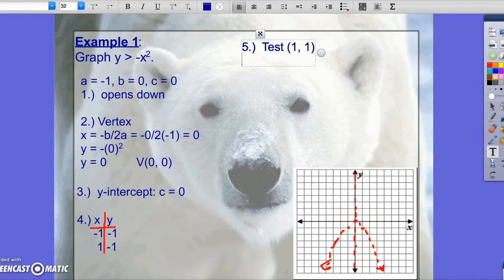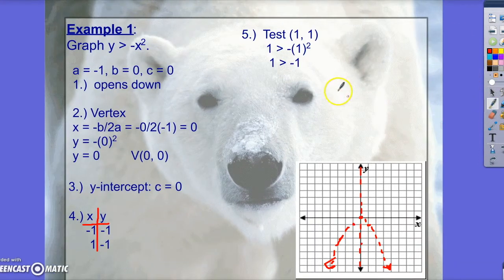So if I test it, you should get this. 1 greater than -1 squared. One greater than -1. Now if I test, is 1 greater than -1?